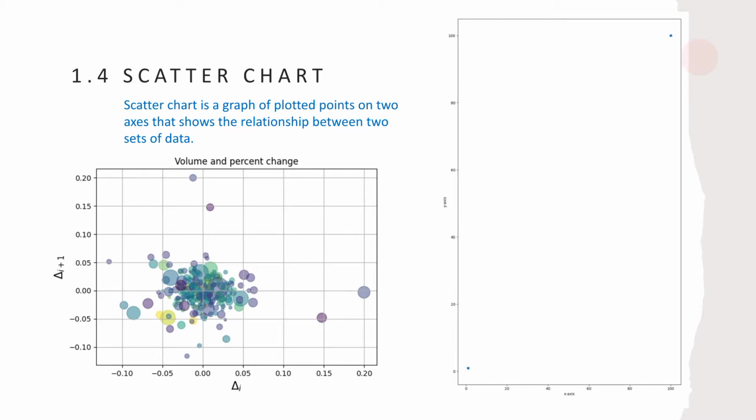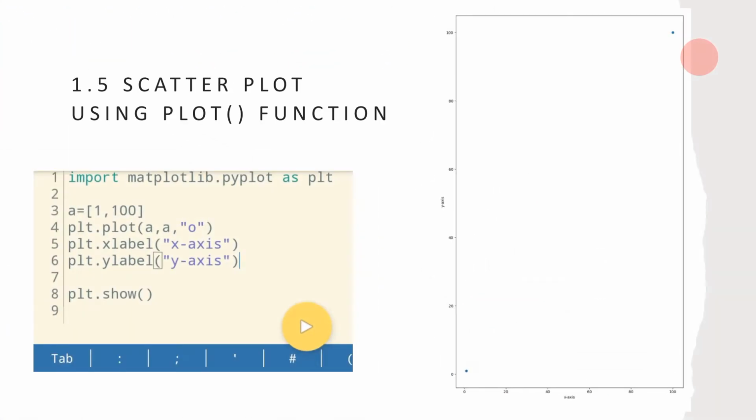Now moving to the scatter chart. A scatter chart looks like this. If you remember, the previous line graph was made of a line using two data points. The definition of a scatter chart is a data point representation. We can create a scatter plot using the plot function like this.